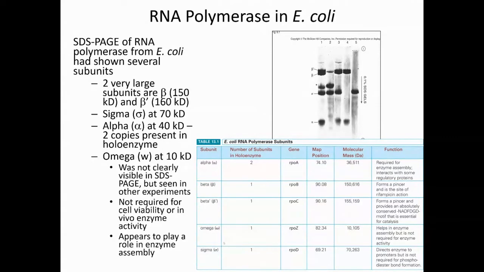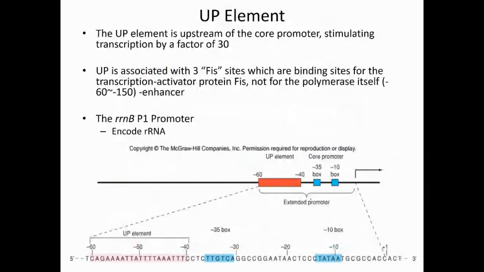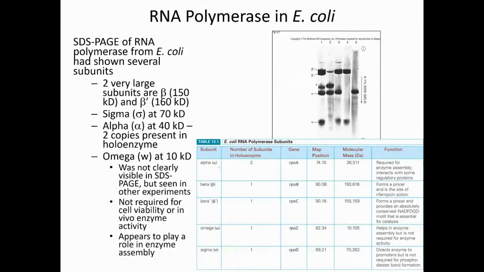The sigma will join the core enzyme to form the complete enzyme, which we call the holoenzyme. The sigma subunit is responsible for recognizing the -10, -35, and for the UP element, that will be the alpha subunit.